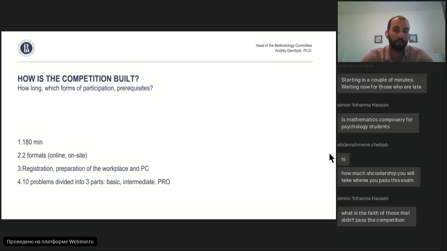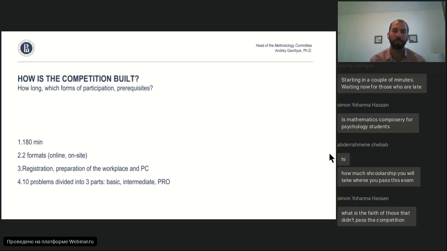The last point is: what does the competition's task look like? A competition's task is also a uniform thing across these two formats.